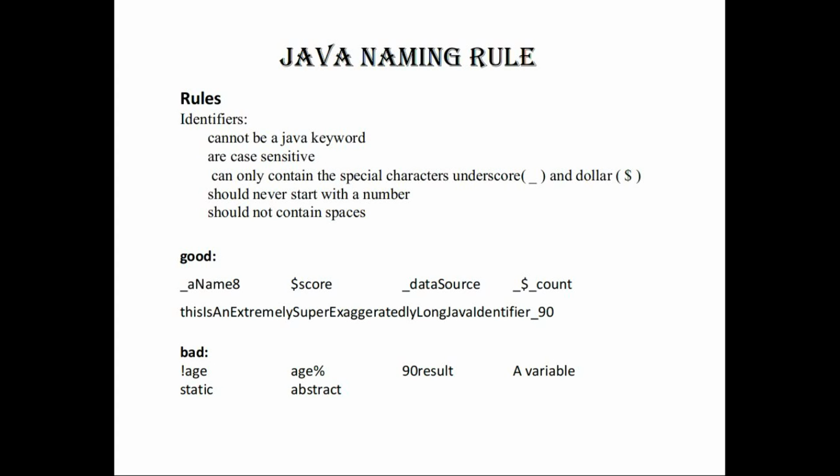Identifiers can only contain special characters underscore or a dollar. When we talk of special characters, we're referring to things like equal, the percent sign, the point, the comma, all of those kinds of things. You cannot use them to name your identifiers. One of the reasons is these characters actually have special meaning.